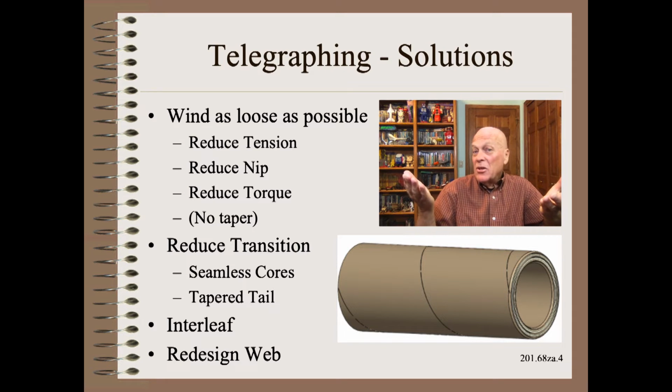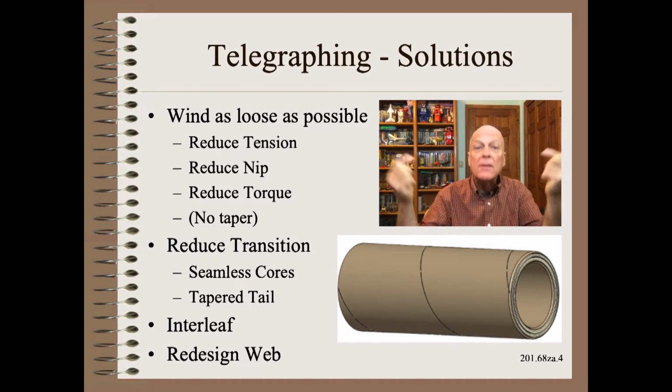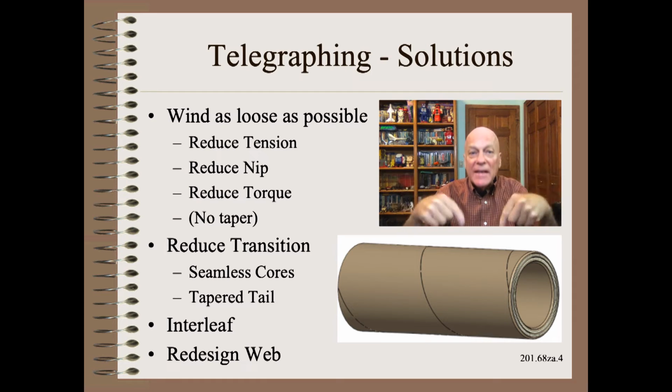This turns out to be an exceedingly simple problem to list the causes and cures. The cure begins by winding as absolutely loose as possible by reducing all of the TNTs as much as possible.